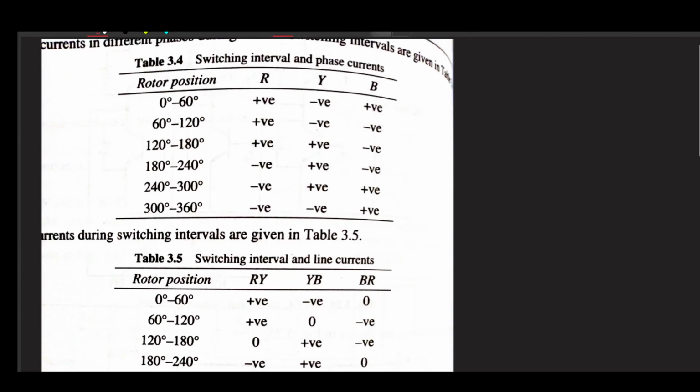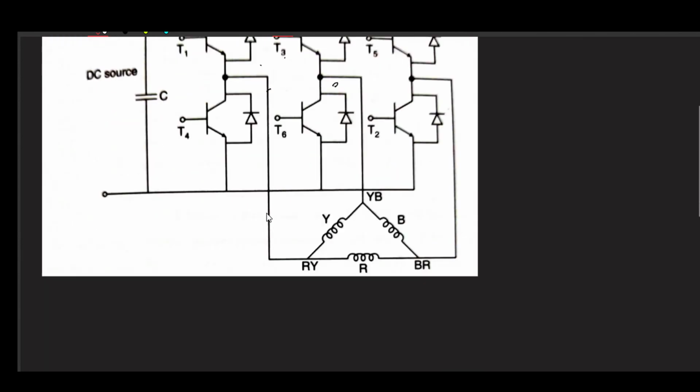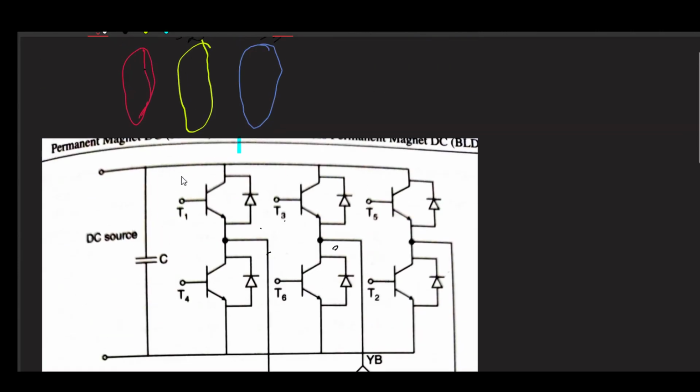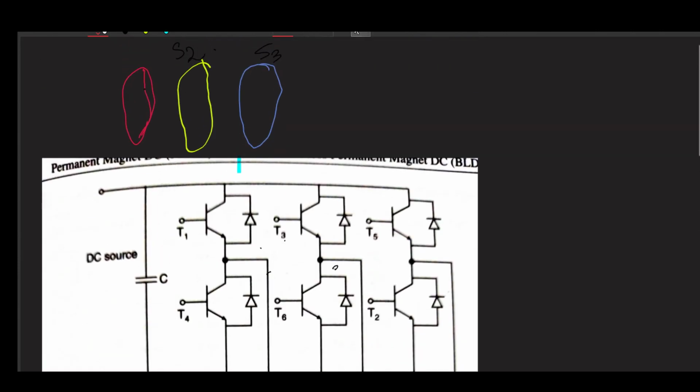Now interestingly, here in this and also in the previous one, you must have noticed, I just deleted that, just a minute, let me insert it.